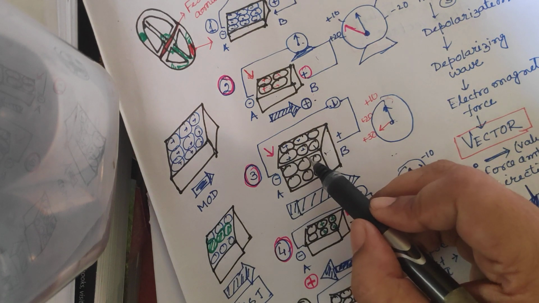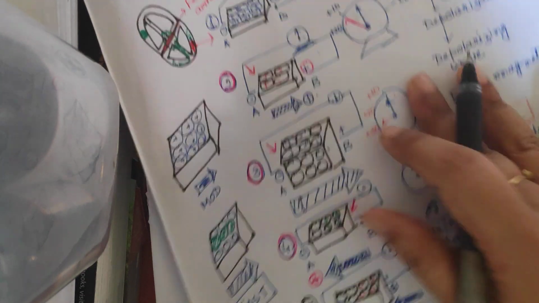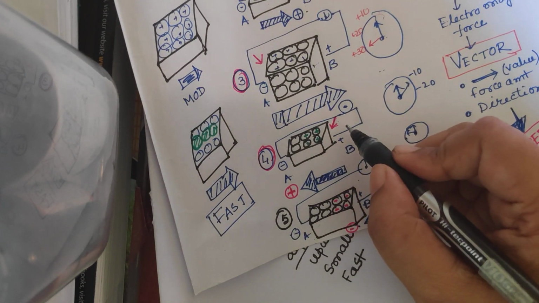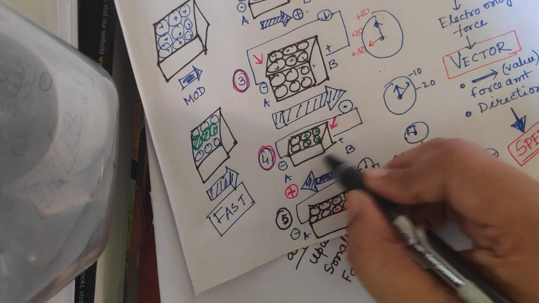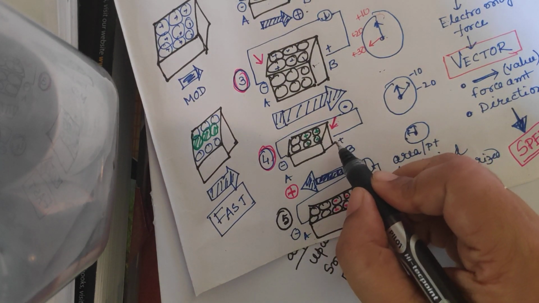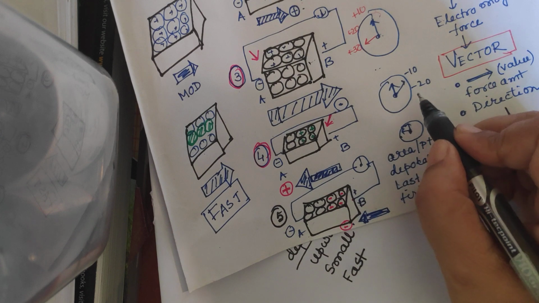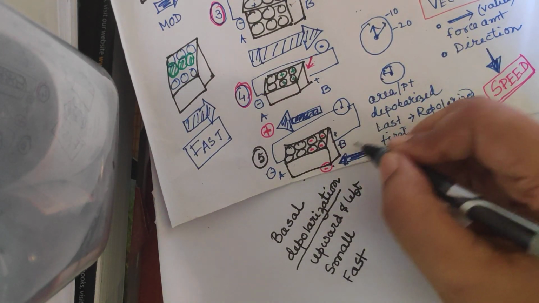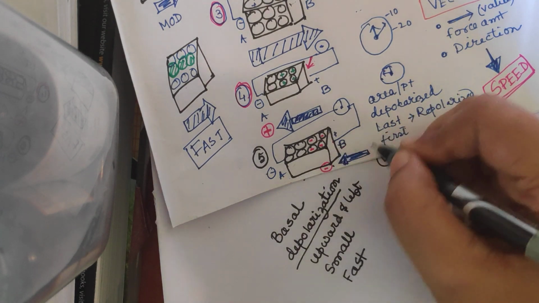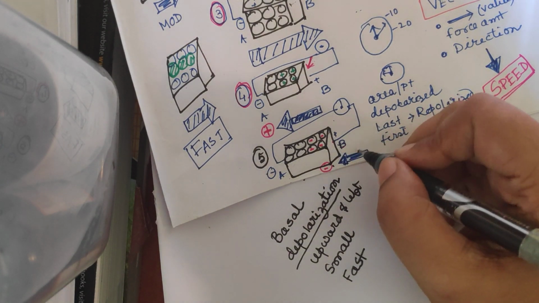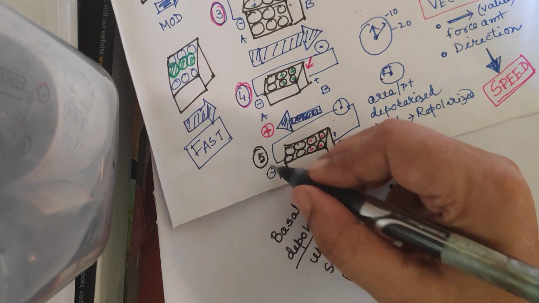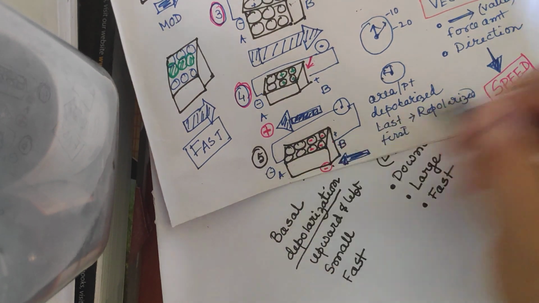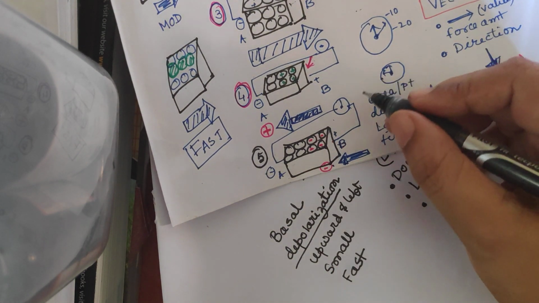When the thickness is more, the deflection will be more. When a positively charged electrical wave is moving away from the positive electrode, the deflection will be negative. And if a negatively charged electrical wave is moving towards the negatively charged electrode, then again the deflection will be positive.